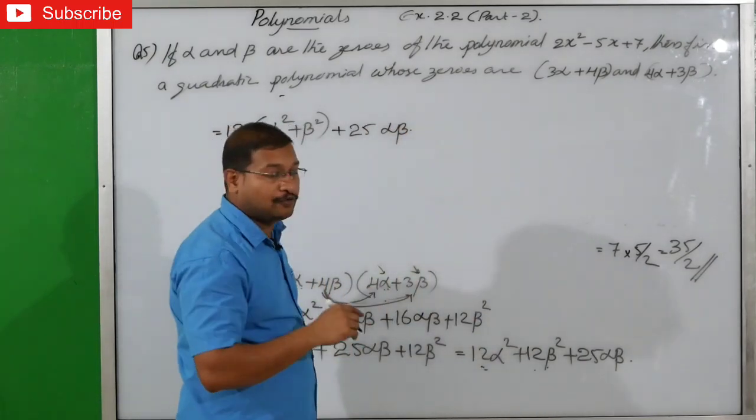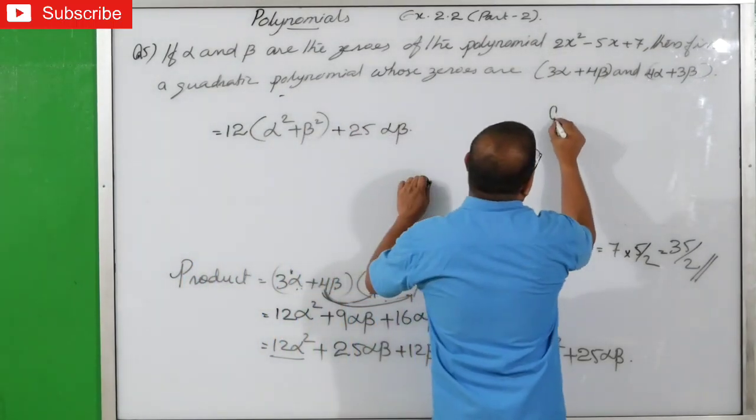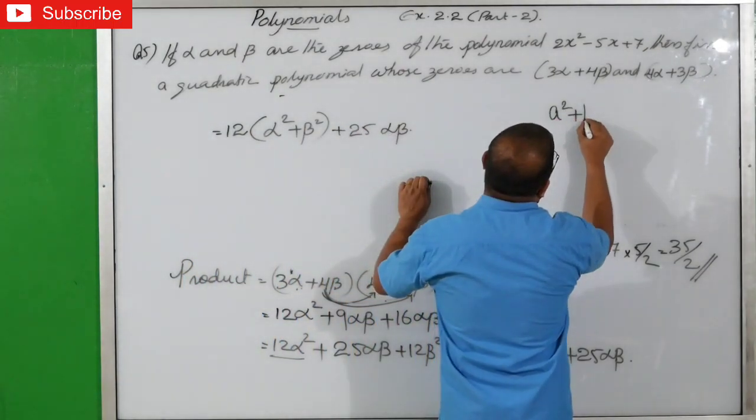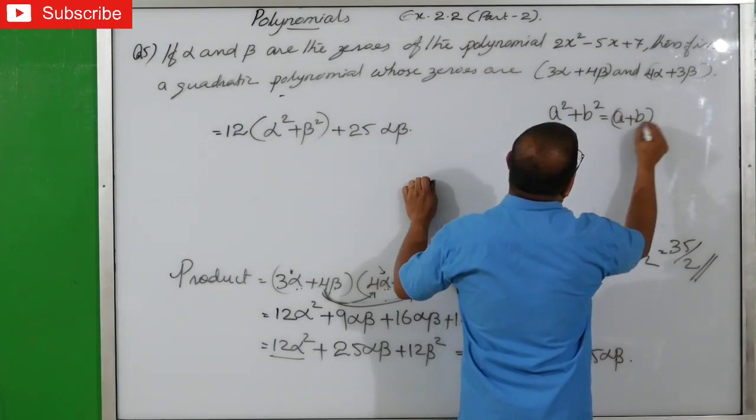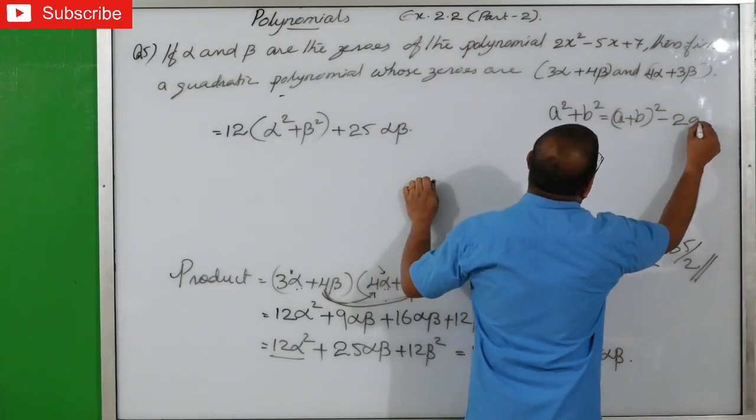Now we should know an equation: a square plus b square equals a plus b the whole square minus 2ab.